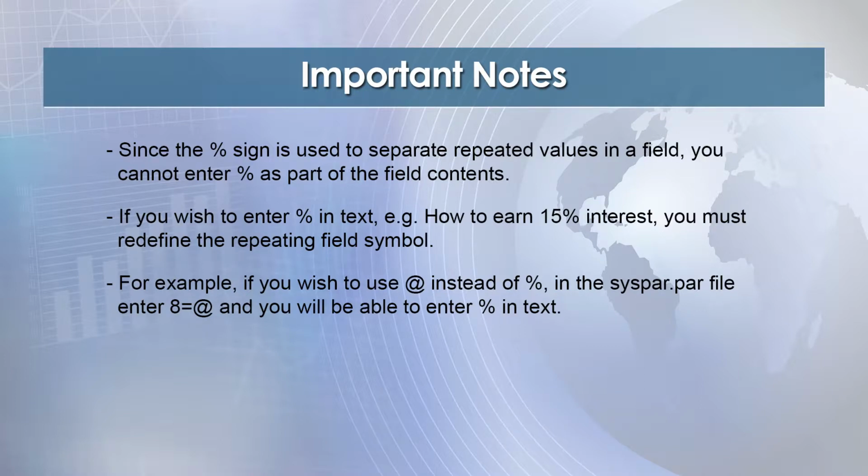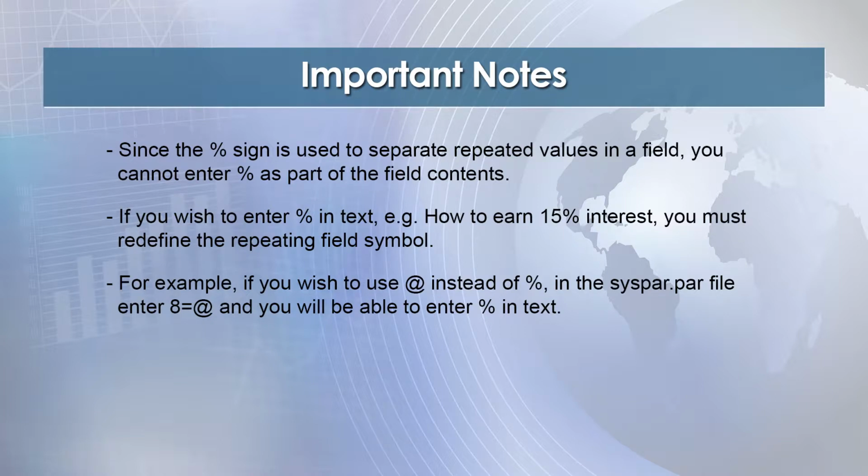For example, percentage of profit or percentage of loss, you can add there 15%, 20%, 30%, etc. But at the same moment you must remember that the @ symbol you are now blocking. The moment the @ symbol is encountered, the WINISIS database management system will think that a repeatable field is coming on.